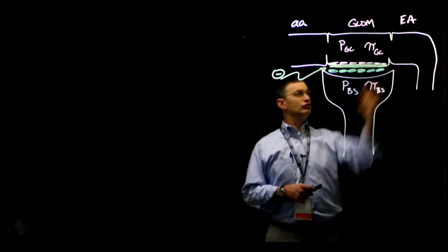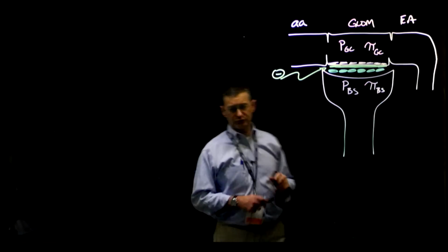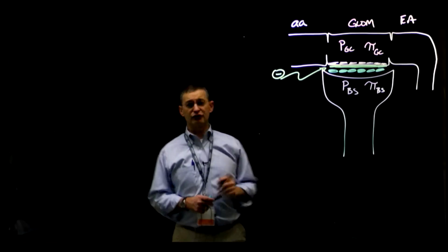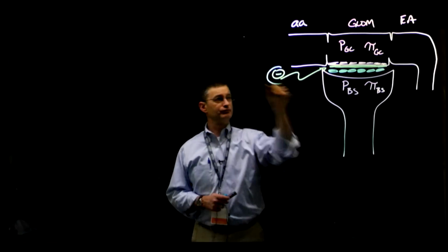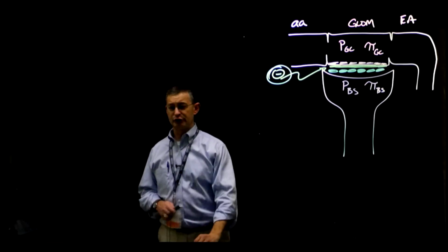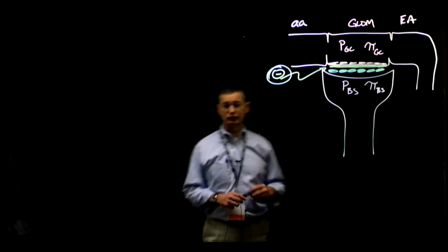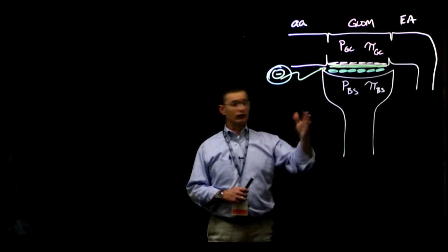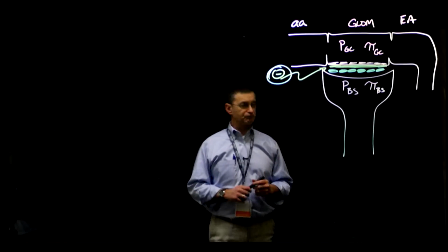And between the podocyte foot processes and the basement membrane, the net charge across that membrane is negative. And that's going to be important from the standpoint of excluding certain substances from the glomerular filtrate.